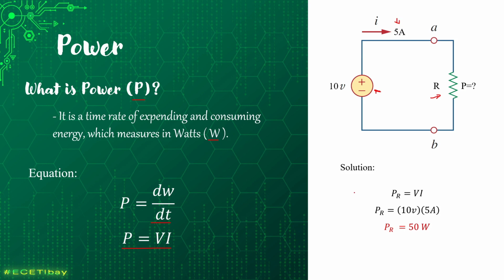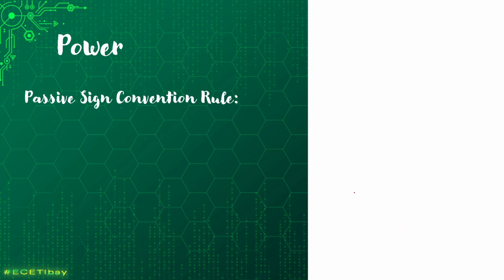But there is a certain rule that you need to follow before solving the power, and that is the passive sign convention rule. You need to remember this, because this rule will be used throughout the subject, in any type of electric circuit analysis.